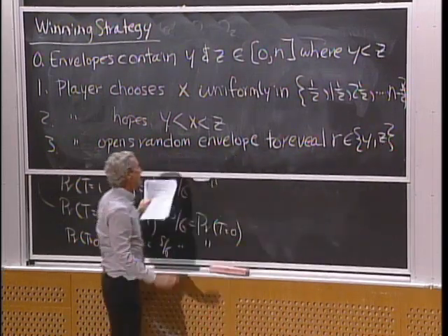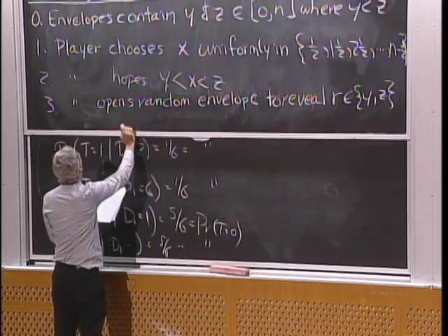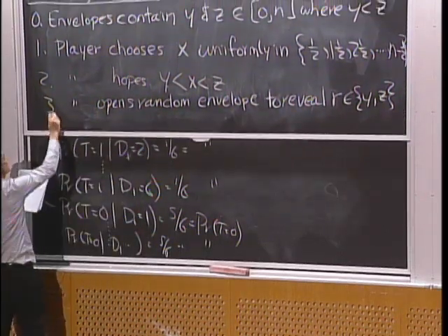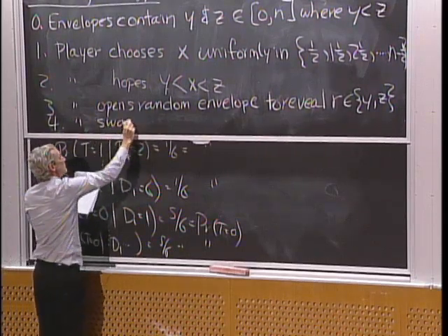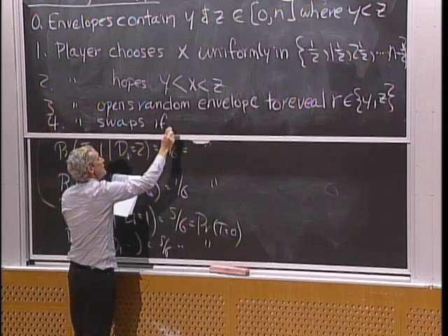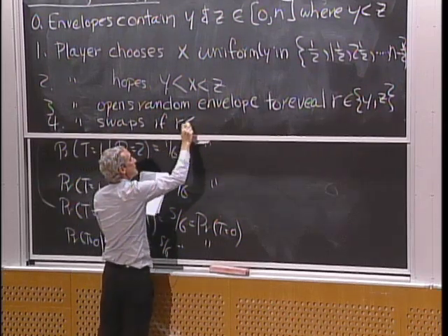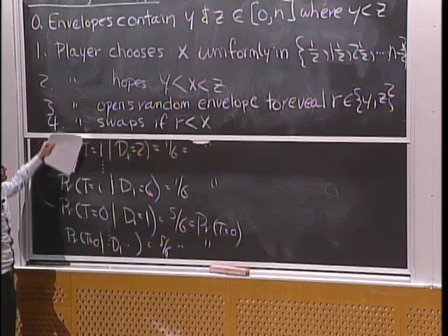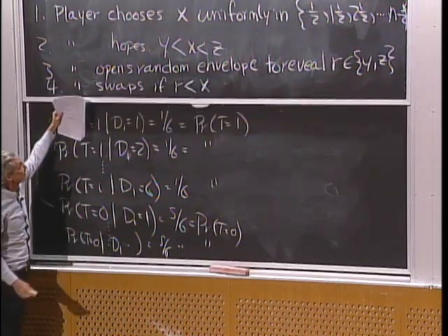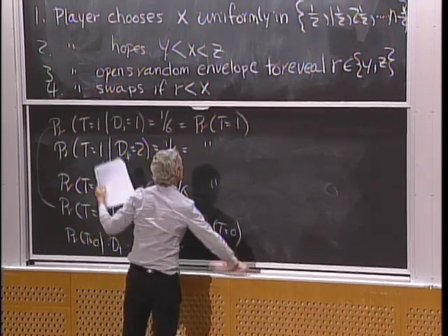So one of the numbers gets revealed. And then the last step is the player swaps if the number he revealed is less than the guessed split number. All right, that's the strategy.